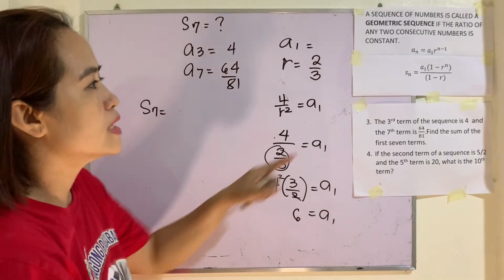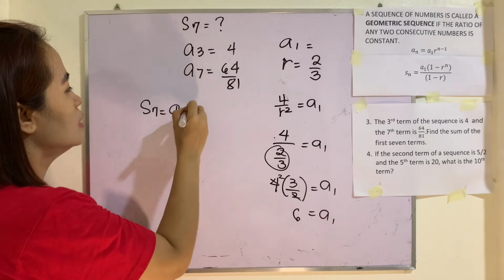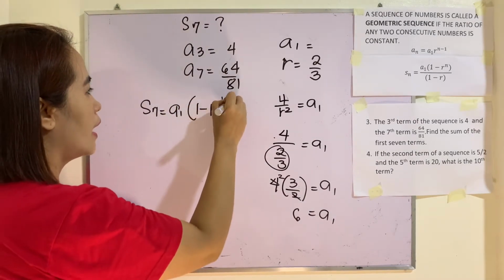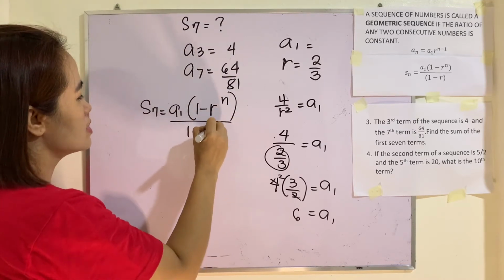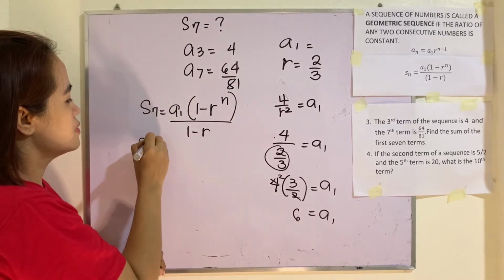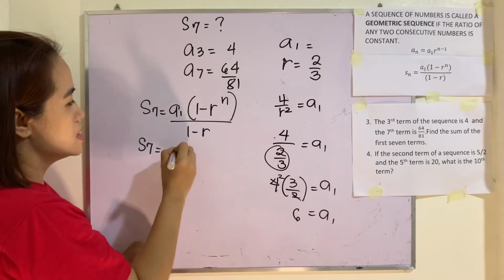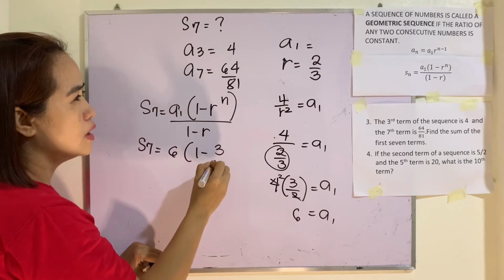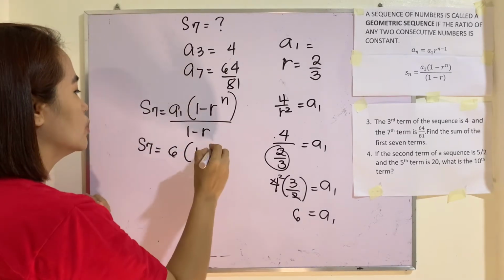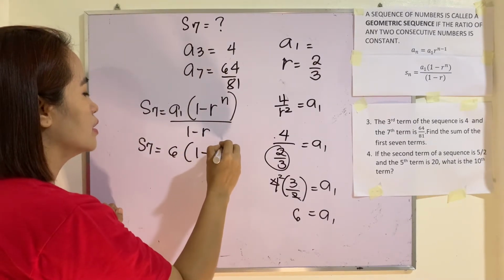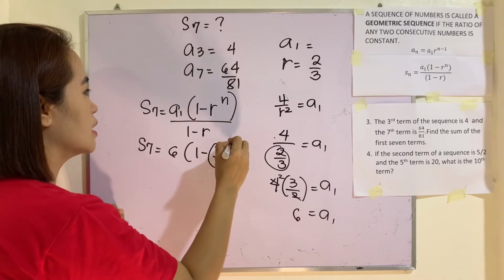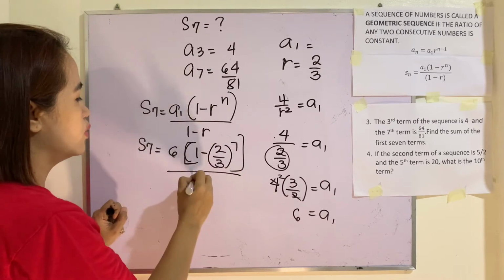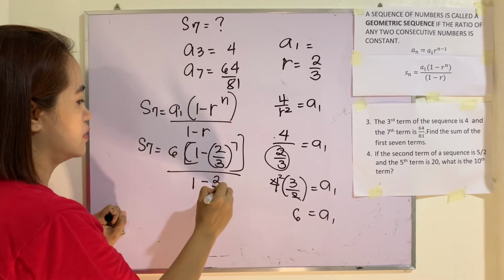The formula is a sub 1 times 1 minus r raised to n, over 1 minus r. So S sub 7 is equal to 6 times 1 minus (2 over 3) raised to 7, over 1 minus 2 over 3.